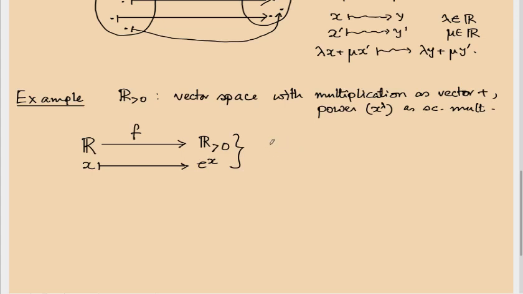And obviously you know that this is a bijection, and the fact that e to the power x is a way to transform addition to multiplication tells you that it is a bijection and a linear transformation.